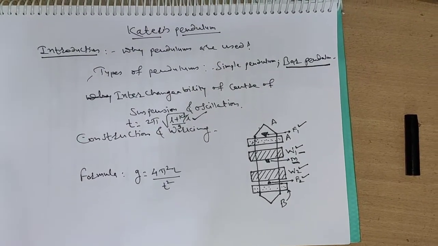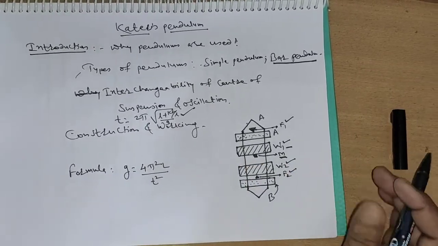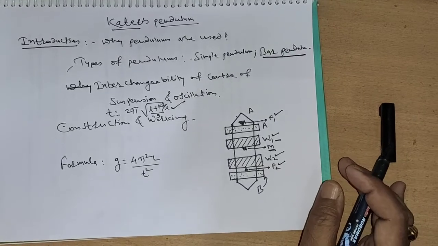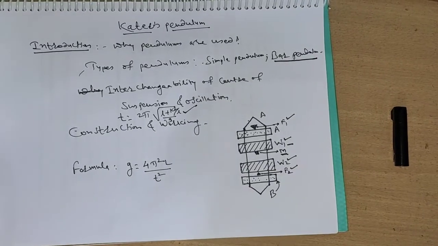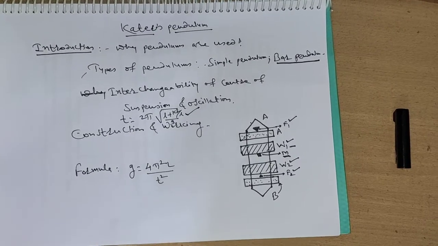The smaller weight W2 is then adjusted by means of the micrometer screw M until the time periods in the two cases are as nearly equal as possible.